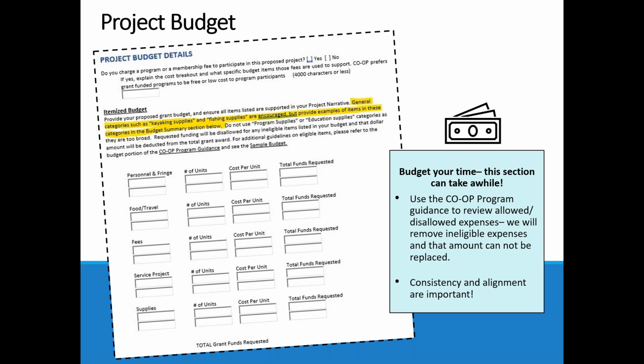Just a tip on supplies, we do not require that you itemize every single supply. So if you are doing a project that involves fishing, you would not need to line item bobbers and another line item for poles and another line item for worms and another line item for reels. You can simply just put fishing supplies.